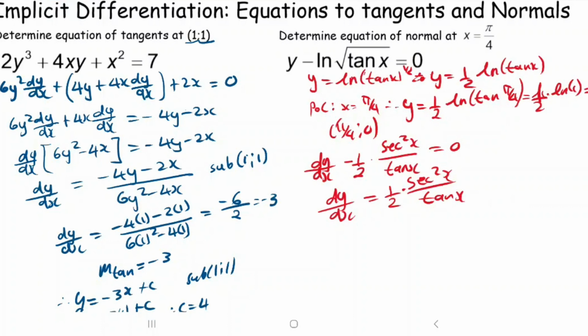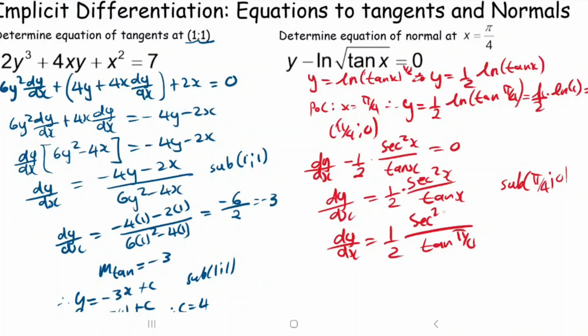Now remember, we just want to find the derivative at the point, so we will sub in pi over 4 for x. So dy/dx gives us a half over the tan of pi over 4 times the sec squared of pi over 4.